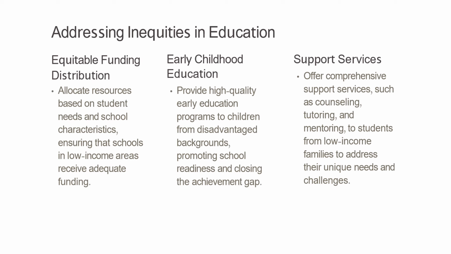By allocating resources based on student needs and school characteristics, policymakers can ensure schools in low income areas receive adequate funding to address their challenges. This may include providing additional funding for resources such as instructional materials, technology, support staff, and others to help meet the needs of students from low income families.